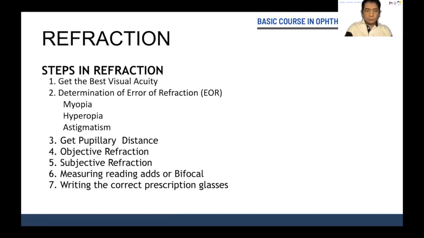Then you do objective refraction, then subjective refraction, and then if the patient is presbyopic, with age more than 40 years old, that needs bifocal correction, then you get the reading adds. And the final step is your prescription writing.